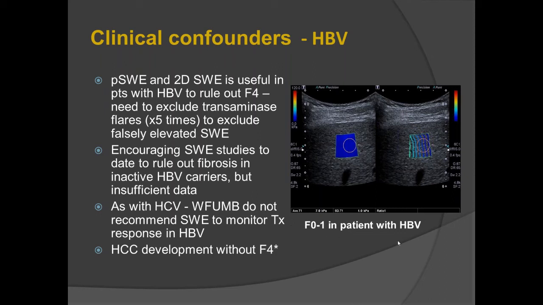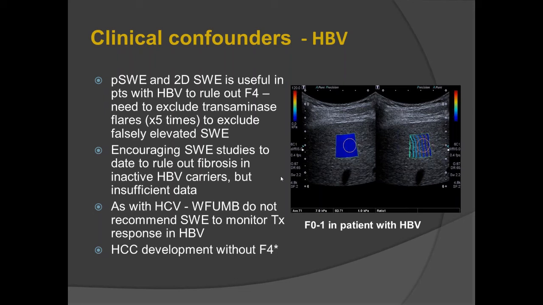But again, we don't use it to monitor treatment, and we really, again, do a very detailed HCC screen, especially in hepatitis B patients, because unlike alcoholic liver disease and hepatitis C, hepatitis B patients will often develop a HCC without going through to the cirrhotic stage because of the genome of Hep B.